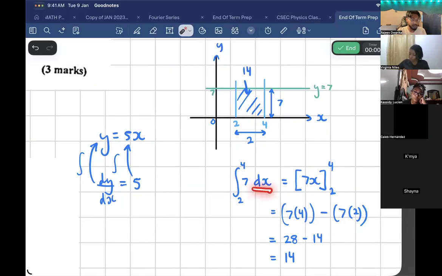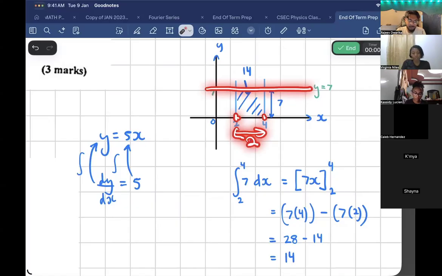Kamaya, look at this for yourself. dx means change in x, and this is the x-axis. What is the change in x? If you start from 2 and you went to 4, what was the change in x? 2. And what's the graph? Y is equal to 7. Right.